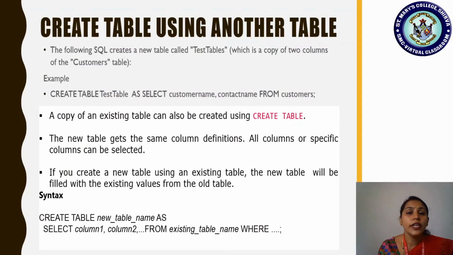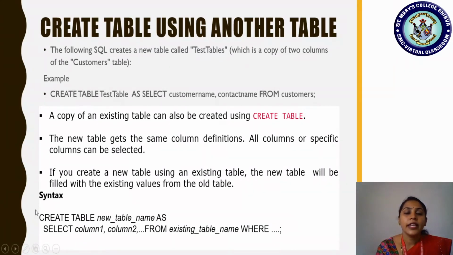When you are creating a new table which should act as a copy of an already existing table, you can copy all the attributes of the existing table, or else you can simply choose a few attributes from it. So that is the second point: all columns or specific columns can be selected for the new table.